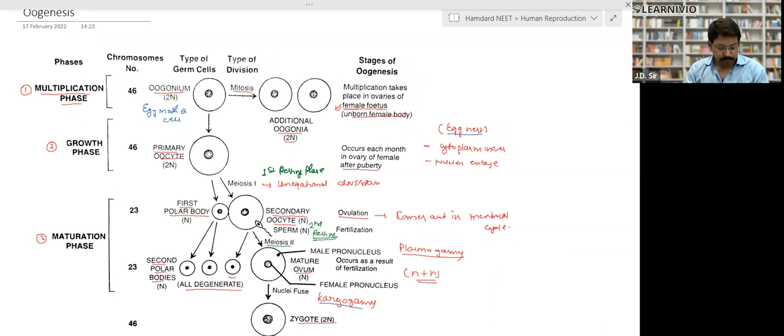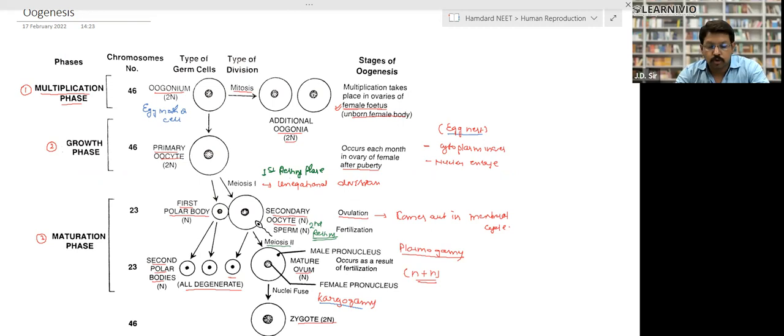Next point. The polar body degenerates due to lack of cytoplasm and food. Full stop. They do not have any function.